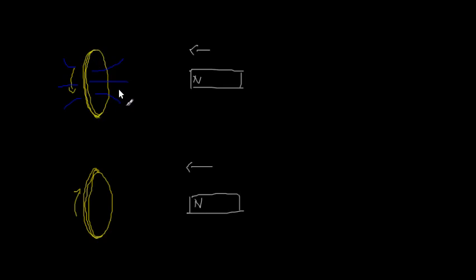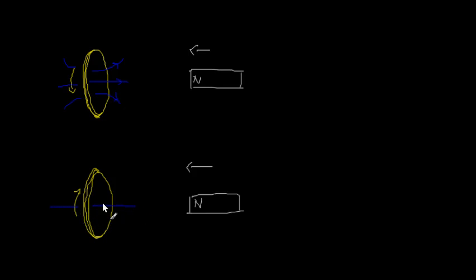Then our thumb would point in the direction of the field. So the field points in this direction in this case. Now, if the current is going the other way, the field would point in the opposite direction.